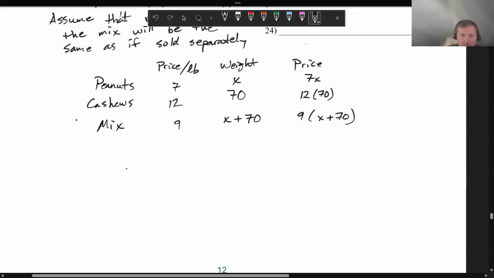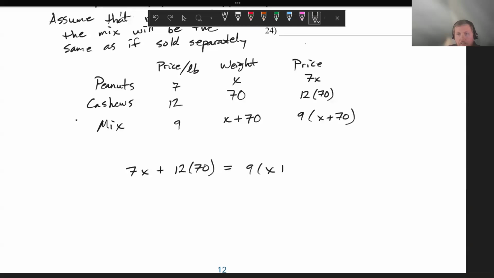And we want the cost of the peanuts alone plus the cost of the cashews to be the same as the mix. If I have the same pounds of peanuts and cashews in the mix, I want that to be the same as if they were sold separately.